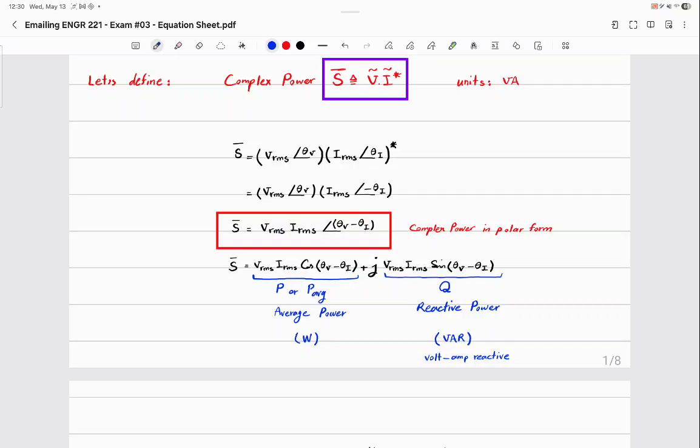Okay, so that is it. And this guy, which is complex power, S bar, has the units of VA, which is volt amps. So you have 3 power units: volt amps, VA, watt, W, and VAR, volt amp reactive.